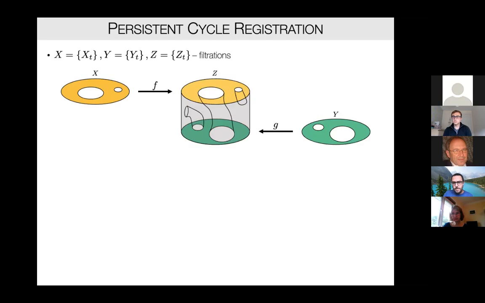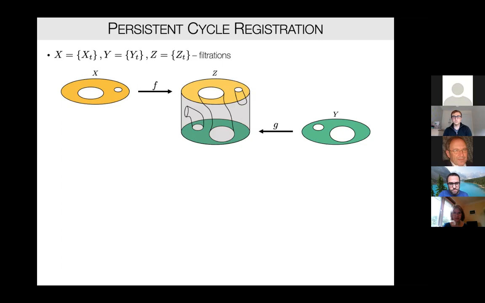So what I want to show you now is the main idea of how to match cycles in persistent homology. As I said before, it's not a unique solution. It's just what we propose to do, and it seems to be working really nicely in many cases. The idea is the following. We have the same picture as before, but instead of X being a space, think of X as being a filtration.